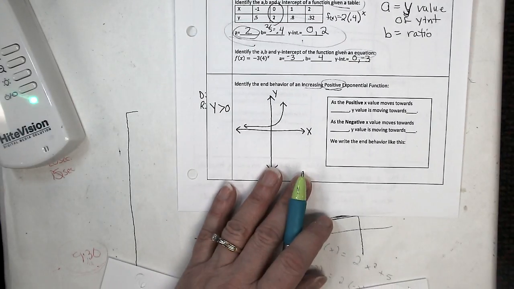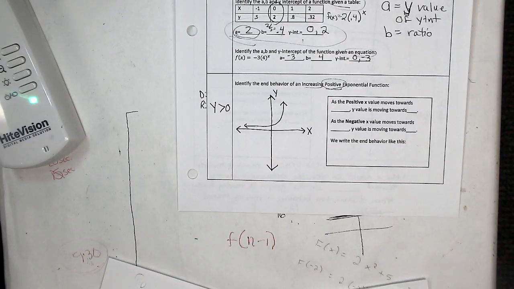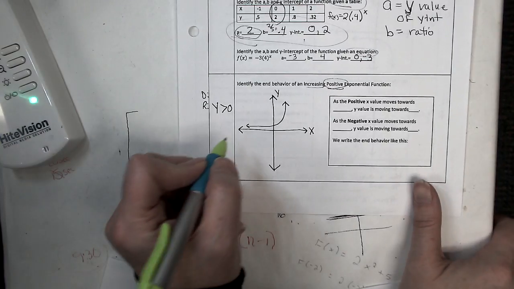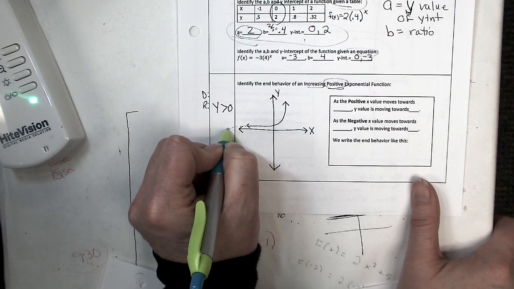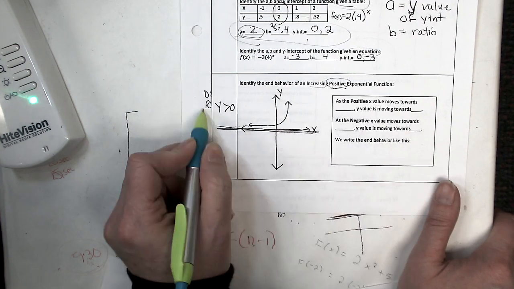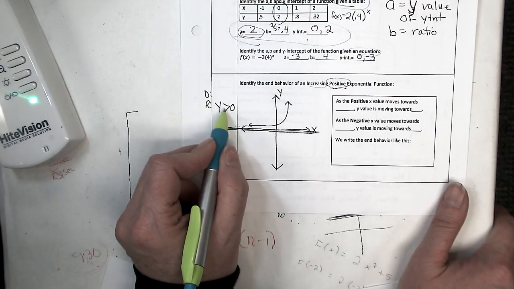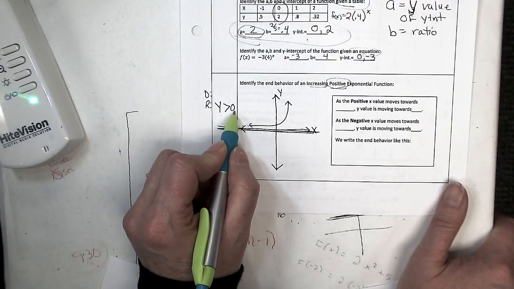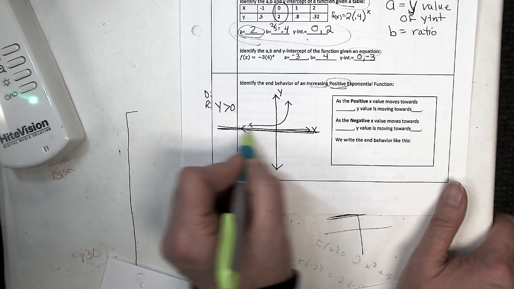No, it gets closer and closer to 0. Watch this. It gets closer and closer to 0, but it will never, ever cross that x-axis. So our range is always going to be y is greater than 0. Do you guys understand that? So the y values will never, ever go down here, ever, because it's a positive exponential. Sort of with me? Just sort of, right? Just hang in there for a few minutes. You'll get it. It'll become clear.